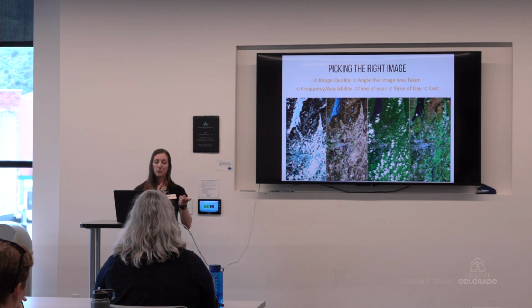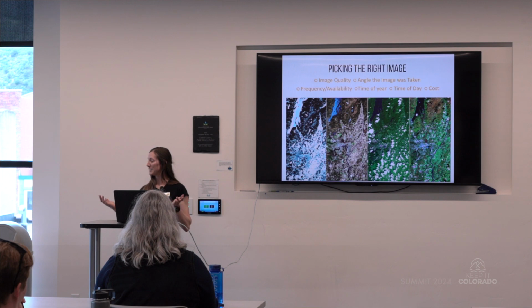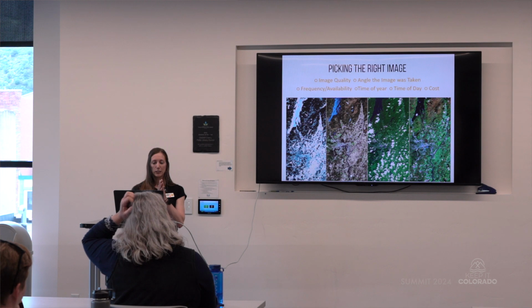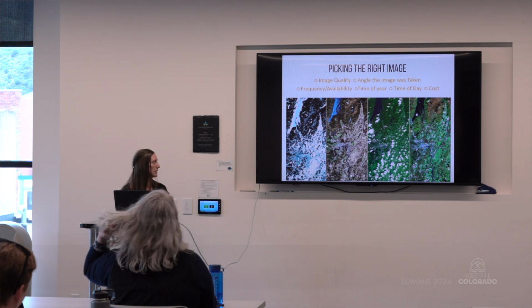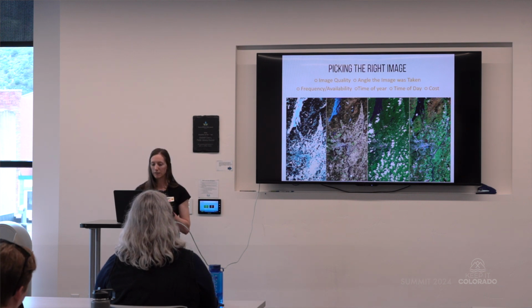Also, when you're comparing multiple years, if you purchase an image in July and next year you purchase an image in August, well, in August we're starting to look pretty dry on the ground most places in Colorado. In July, it's pretty green. If you don't have the same time of year, you might be misinterpreting what's happening on the ground, thinking that we have a change in vegetation, when really it's just a change in the time of the season.